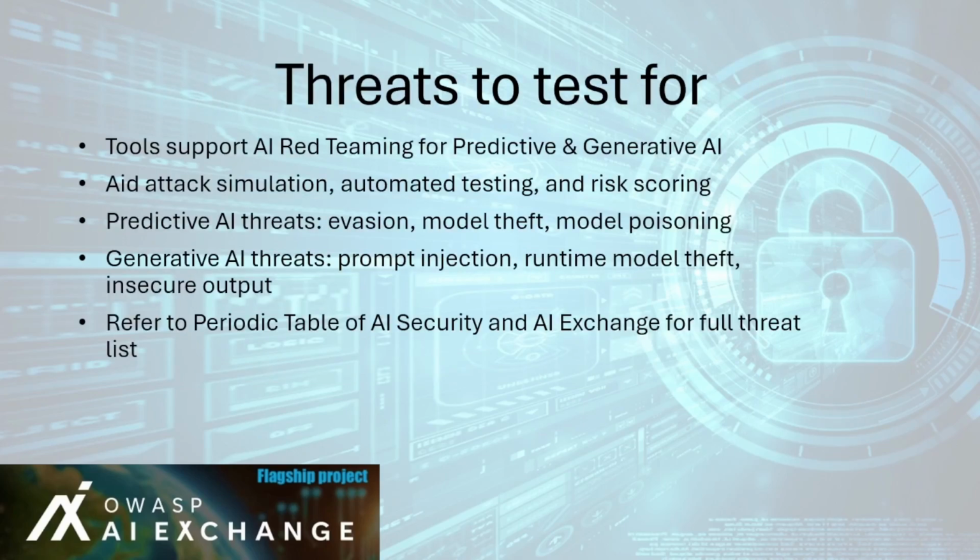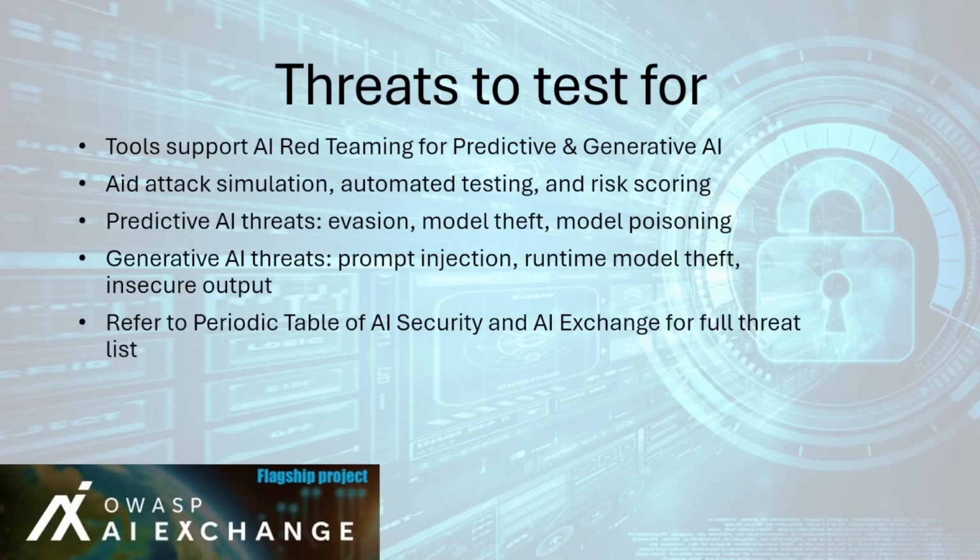AI red teaming tools simulate real-world attack scenarios against both predictive and generative AI systems. These tools enable organizations to assess vulnerabilities, automate adversarial testing, and score risks, aligning results with established frameworks like the OWASP AI Exchange and CSA's Agentic AI Testing Guide. Why does this matter?